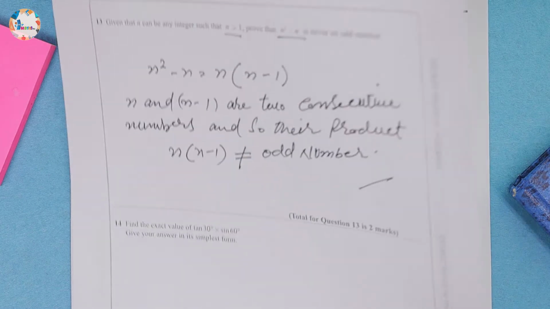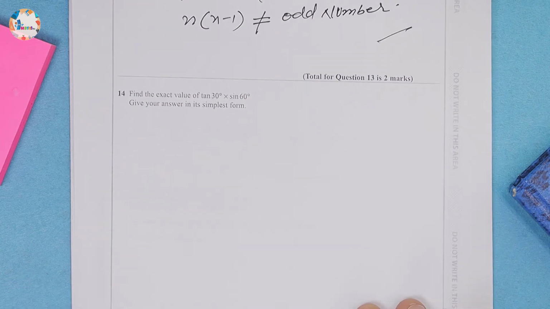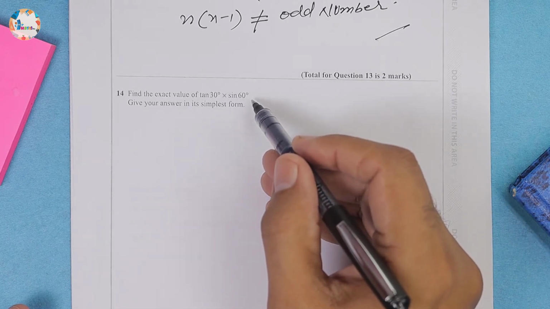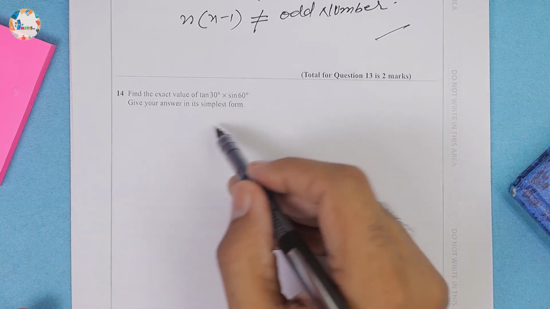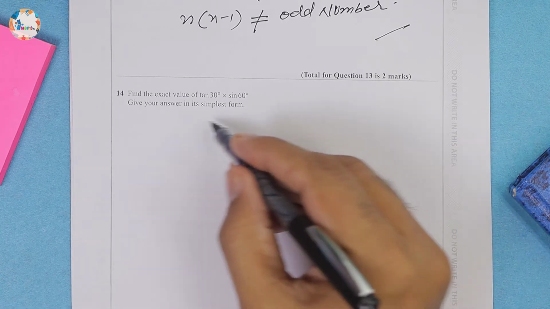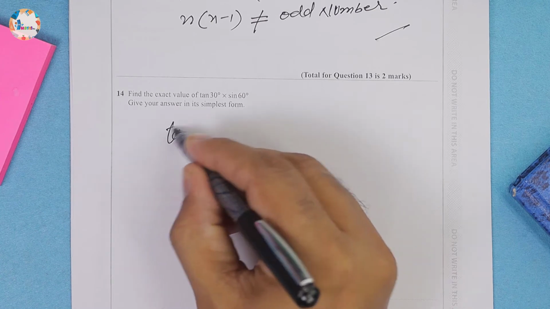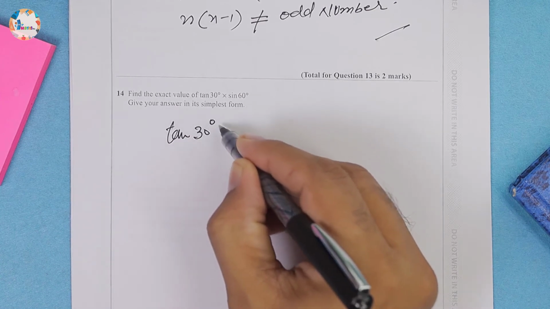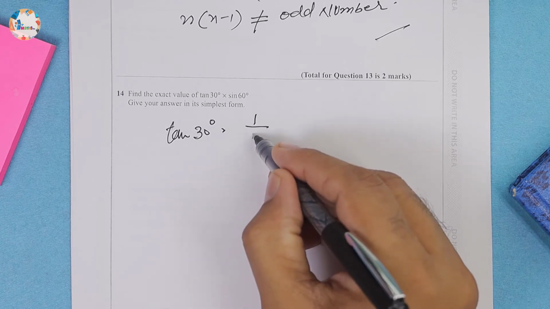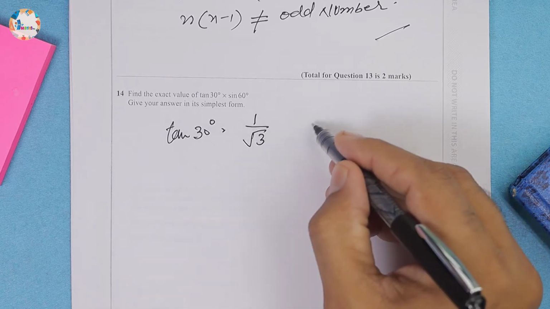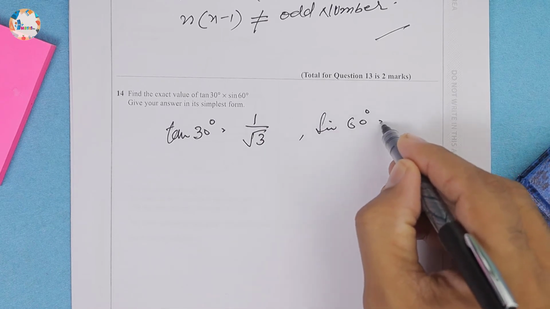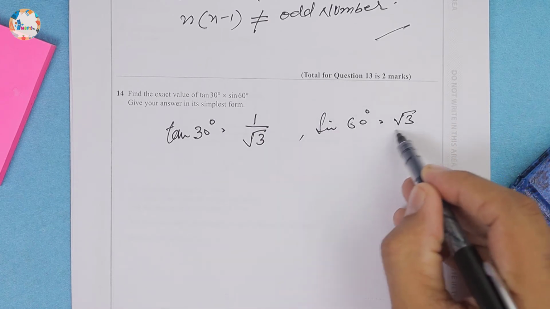Then question number 14, find the exact value of tan 30 plus sine 60. Give your answer in its simplest form. So for this one, we know tan 30 degree is equal to 1 over under root 3, and also we know that sine of 60 degree is equal to under root 3 by 2.